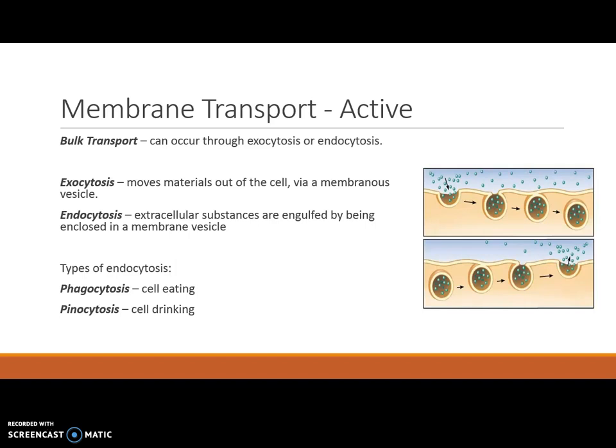In endocytosis, depending on the consistency of the molecule, a cell may eat the substance by breaking it down and digesting it, or the cell may drink the substance by dissolving the fluid. The process of eating a molecule is phagocytosis. This occurs in the immune system, while the process of drinking a fluid is pinocytosis.